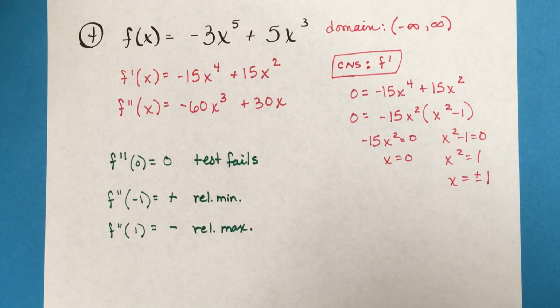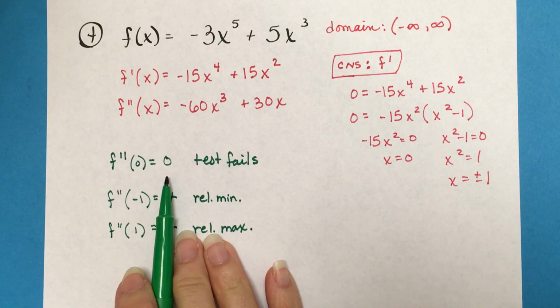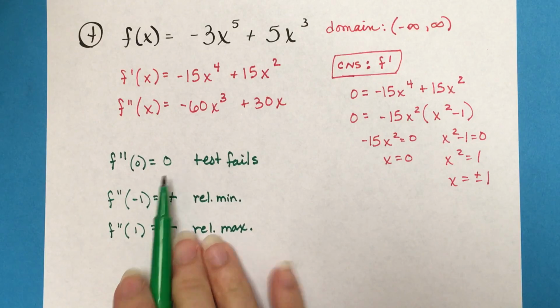So here's the thing, when your test fails, that just means it fails the second derivative test. You have to go back to the first derivative and do the first derivative test. Just because it fails, that doesn't mean there's not a max or a min. There may not be, but there still could be a max or a min.